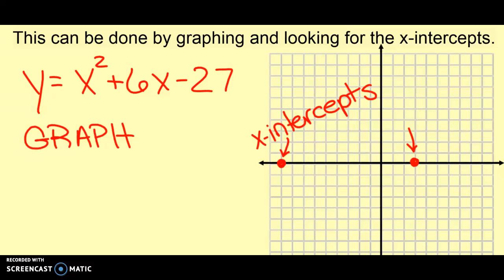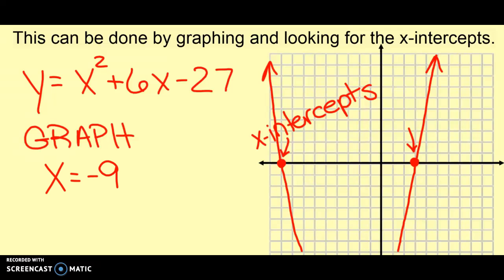So your graph doesn't look like these dots, does it? No, it looks like a big, giant, long parabola. You can't even see the end of it. You can only see this portion of it probably on your screen. But those are your answers: x equals -9, x equals 3.